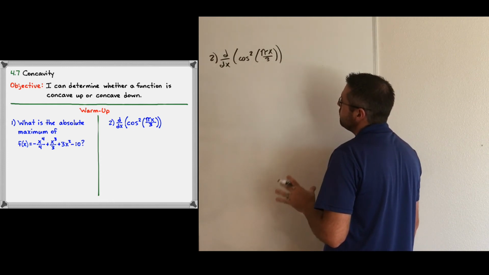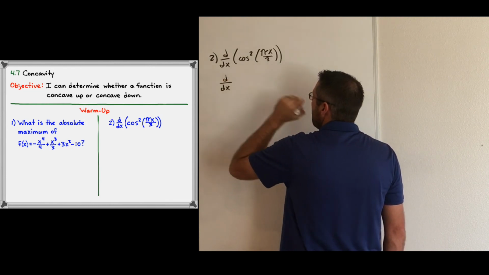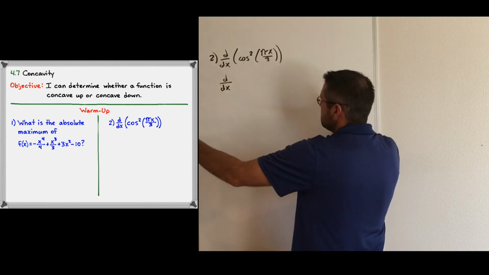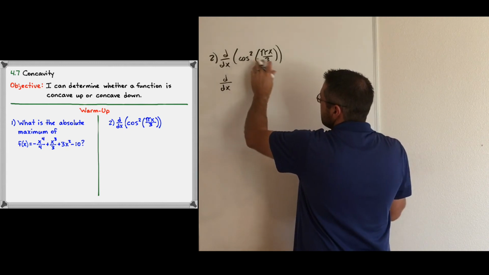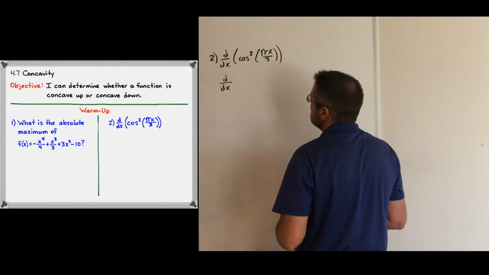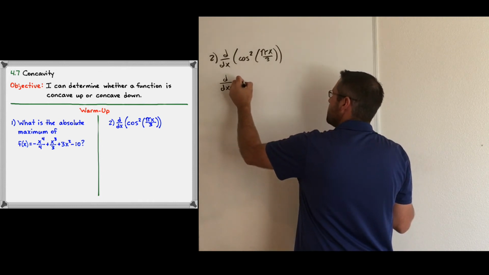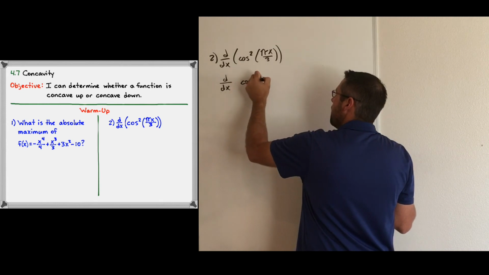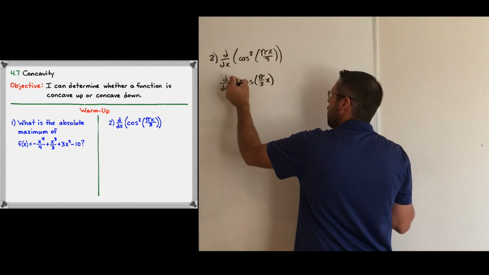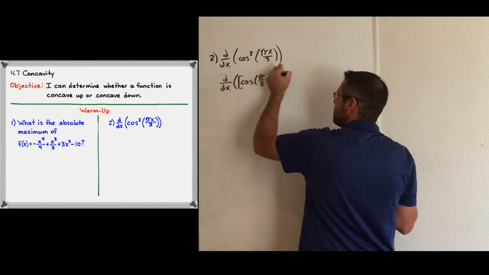I'm going to first rewrite this. The outermost thing of this function is the squared. The last thing we're going to do in the order of operations is to square a result after the cosine. So I'm going to go ahead and rewrite this as the cosine of pi over 3x, and then all of that is going to be squared, and then we'll take the derivative of that.